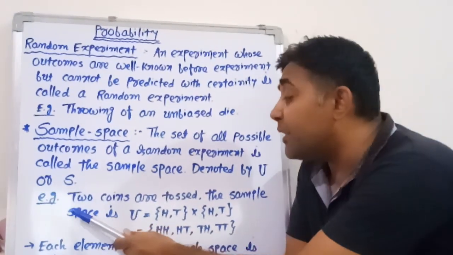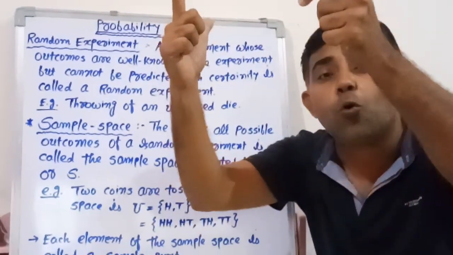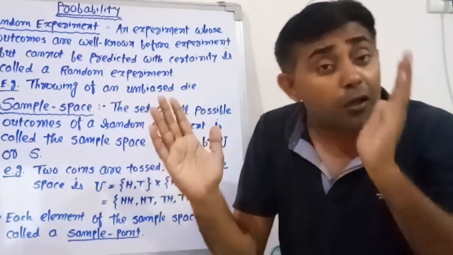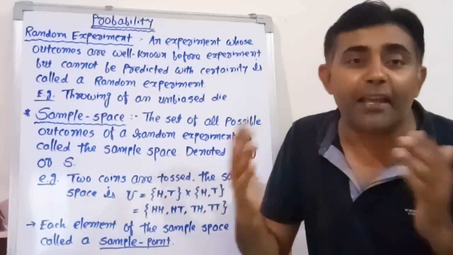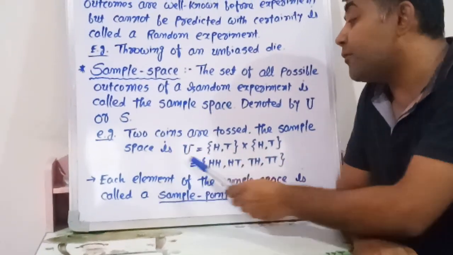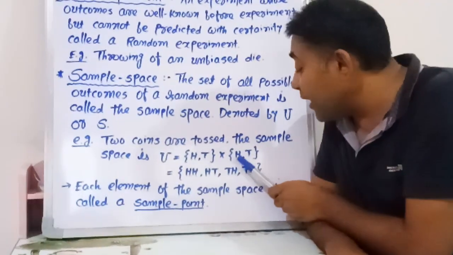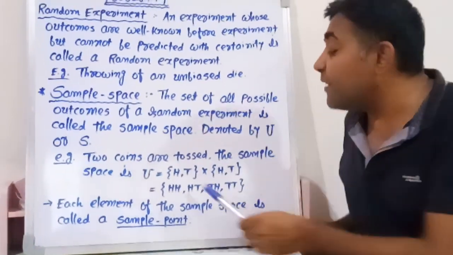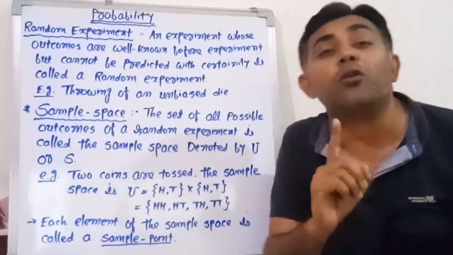Here is one example: suppose 2 coins are tossed simultaneously. In each coin there are 2 sides, head and tail, which we write as H and T. In the first coin the outcomes are H, T, and in the second coin again H, T. So the sample space S is {H, T} cross {H, T}, the Cartesian product of 2 sets.